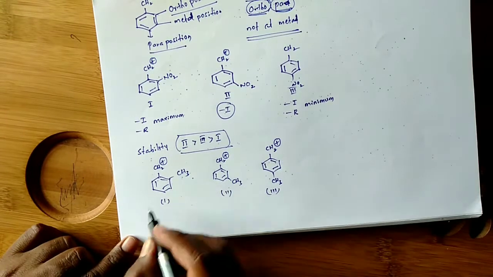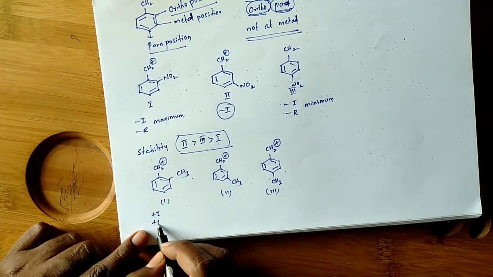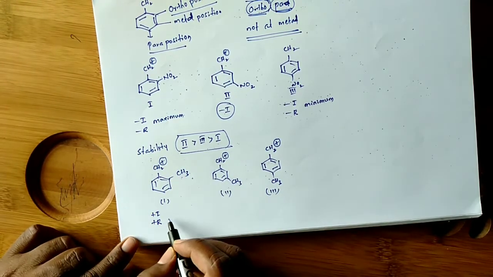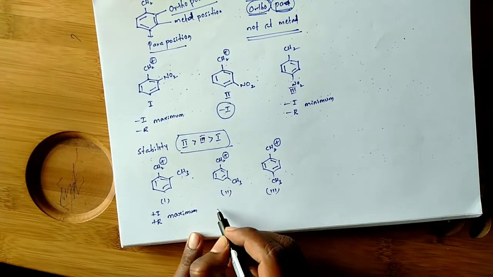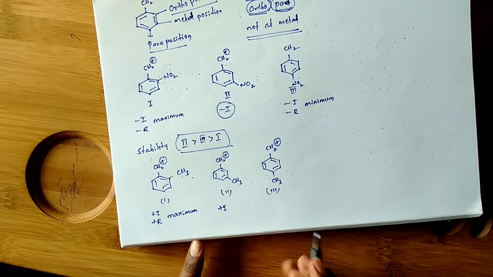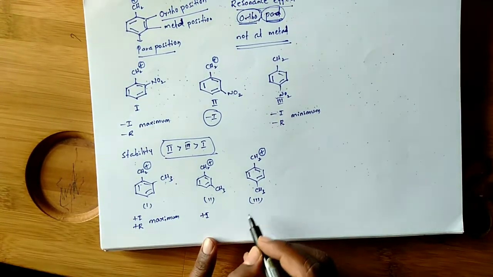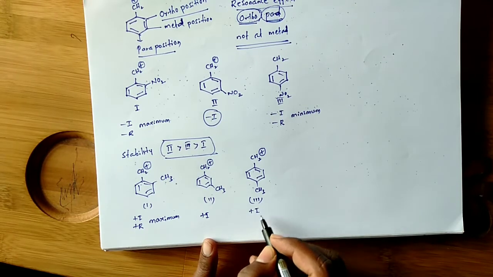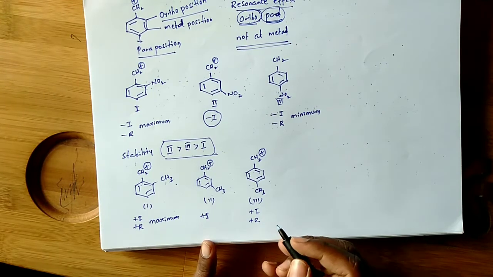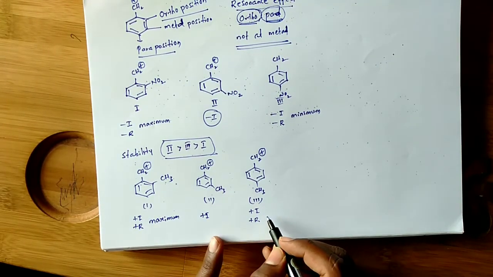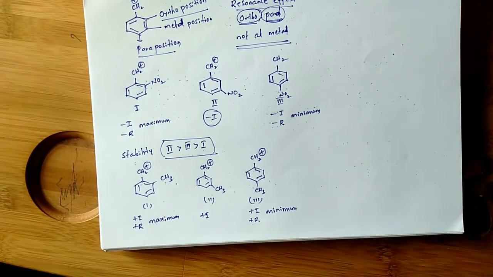Now this is a plus I group, and plus I and plus R both act at this ortho position, and this effect is maximum here. Here only plus I effect, because at meta position there is no resonance effect. Here plus I effect and plus R effect, but as the distance is more, the effect is minimum.